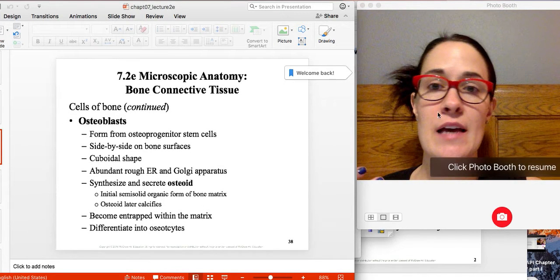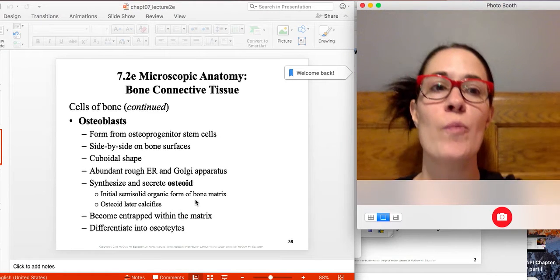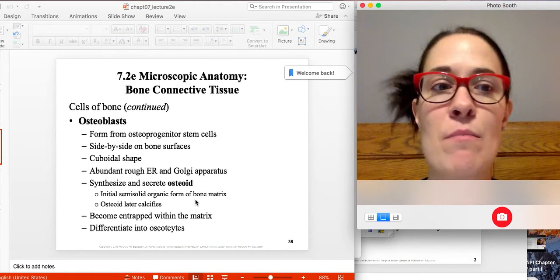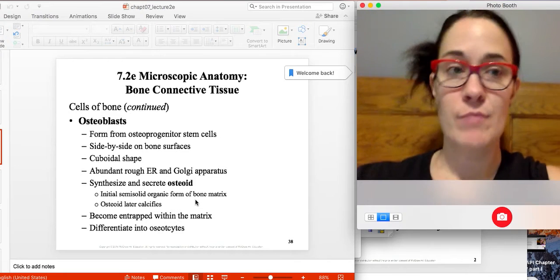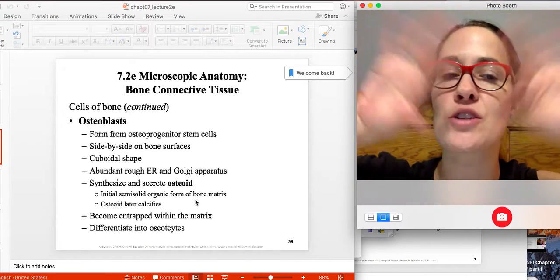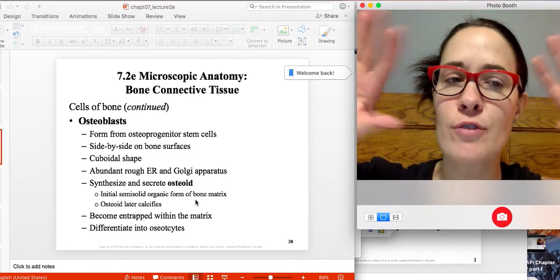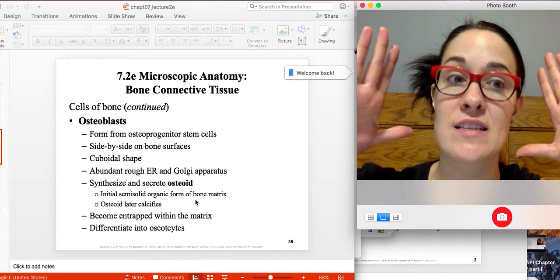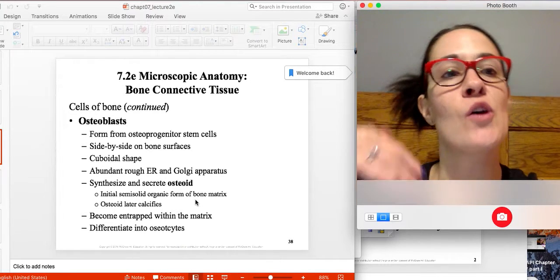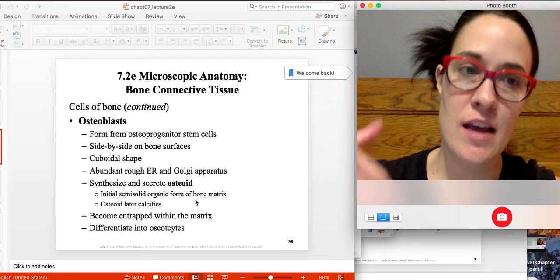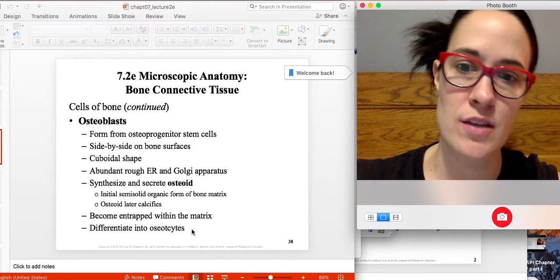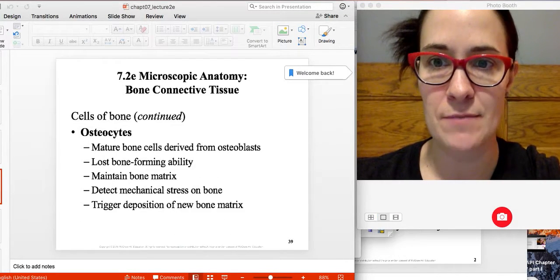Eventually these osteoblasts will become trapped in the matrix that they make because the matrix is hard. At first it's soft, but eventually it hardens, and then the bone cells are stuck. When they're stuck in the matrix, they are the mature bone cells, called an osteocyte.